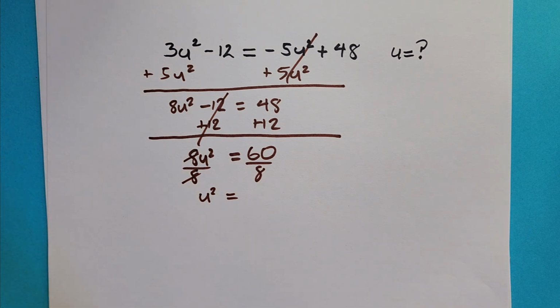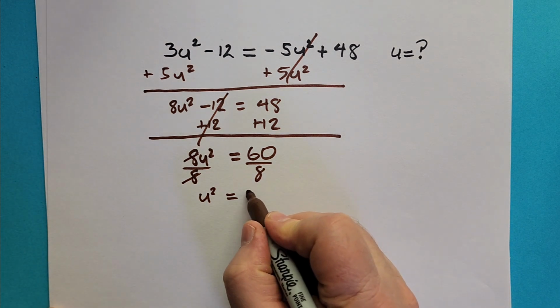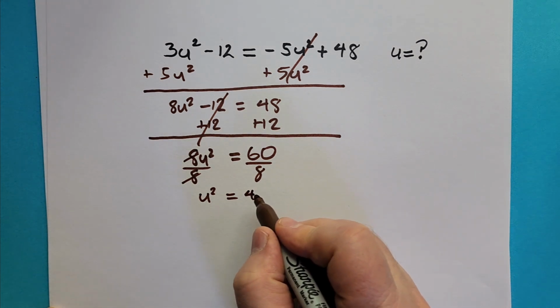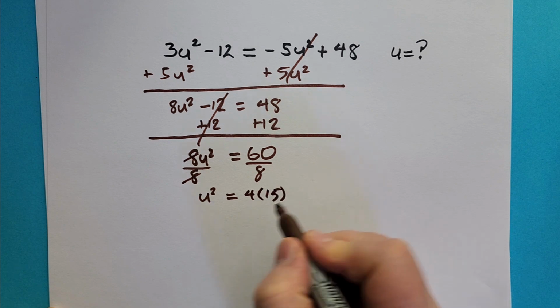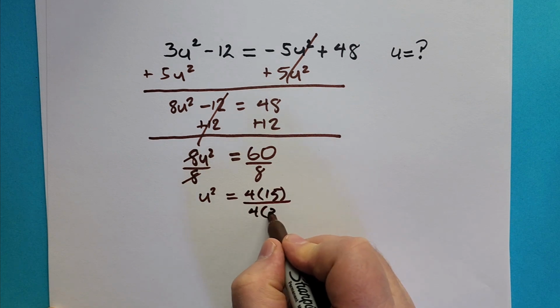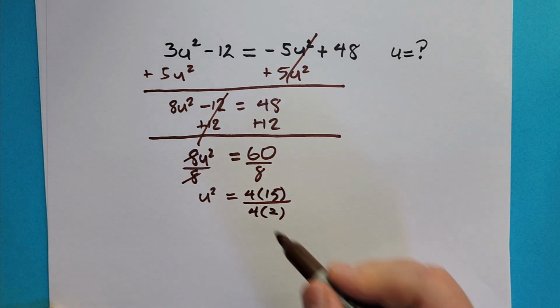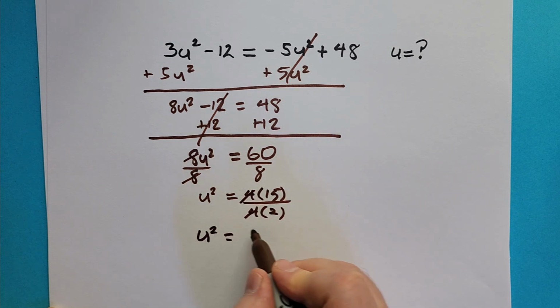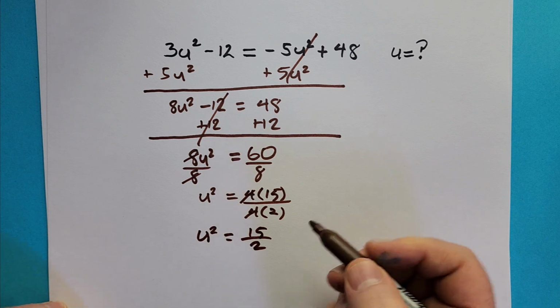So if we actually do the factoring and canceling, which you could probably reduce this in your head, but I'm going to go ahead and do the factoring and canceling. It's going to be 4 times 15 over the 4 times 2. So there the 4's cancel out. So ultimately we're left with u squared equals 15 over 2.